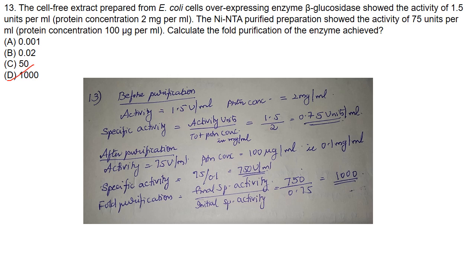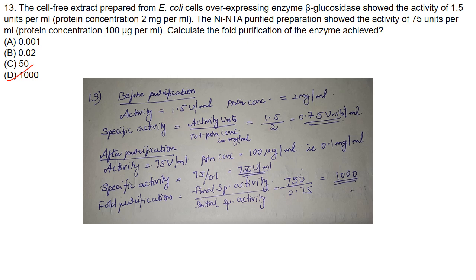So fold purification is given by the formula final specific activity by initial specific activity. So initial specific activity, that is before purification. Specific activity is activity units by total protein concentration in milligrams per ml. So 1.5 divided by 2, you will get 0.75. Then after purification, protein concentration is 100 microgram per ml.